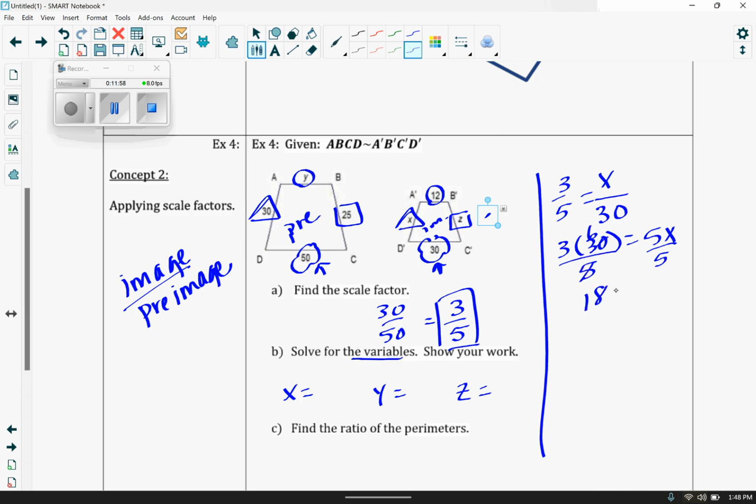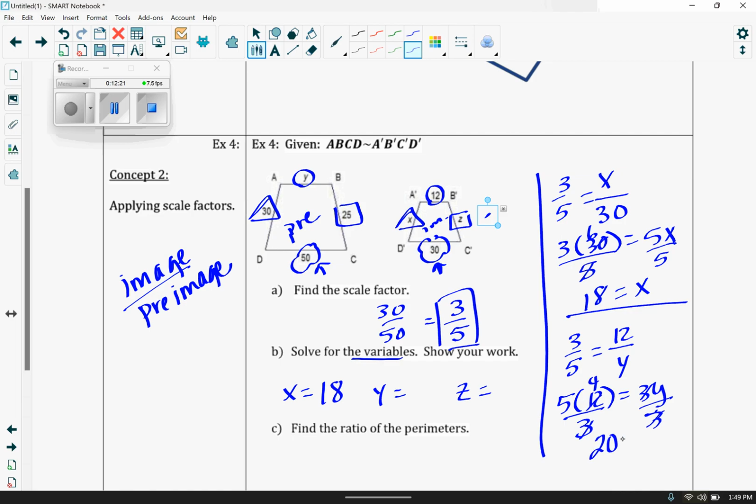So 18 is equal to X. The next one, let's do Y. 3 over 5 is equal to, my Y is on top here, 12 over Y. So 5 times 12 is equal to 3Y. Divide by 3. 3 goes into 12 4 times, so it's going to be 20.